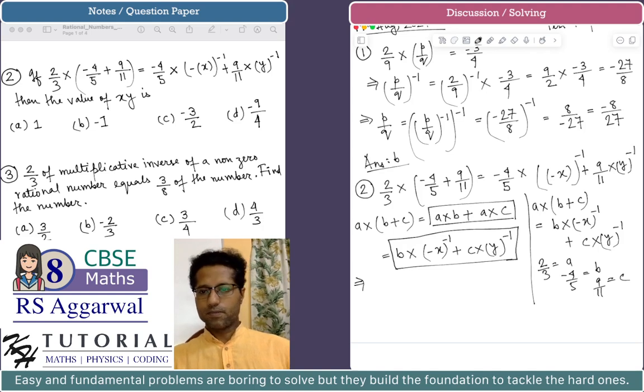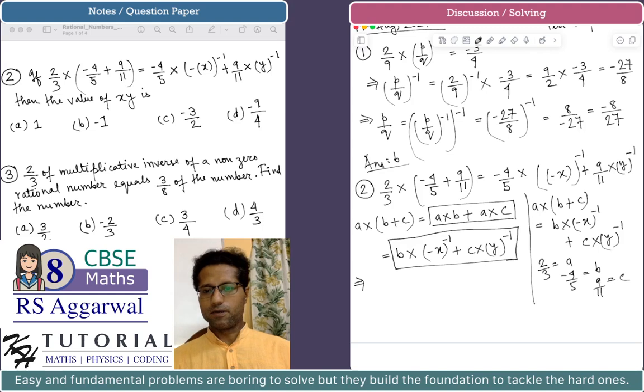But a into b plus c, I have identified as b multiplied by the multiplicative inverse of minus x plus c multiplied by the multiplicative inverse of y, as I have explained on the right hand side. So the expressions inside the two boxes are equal.